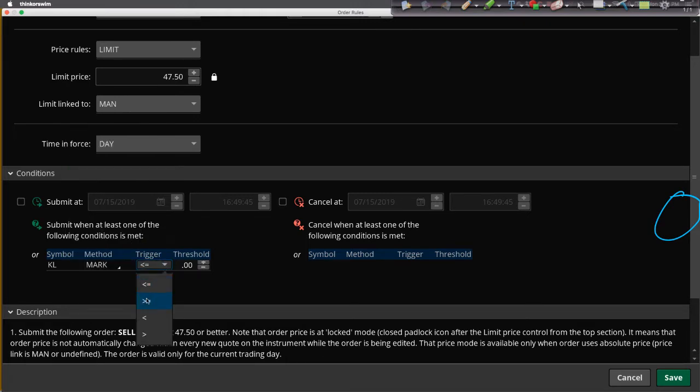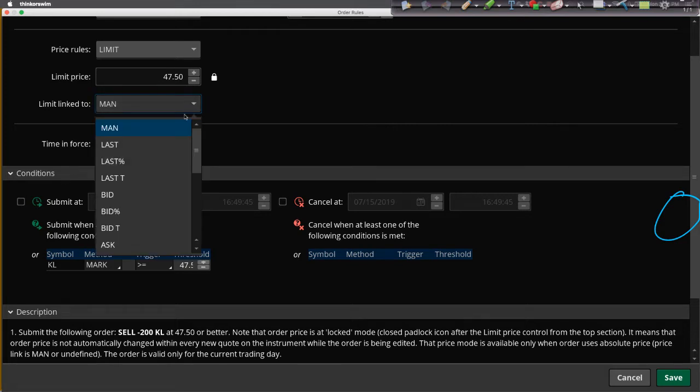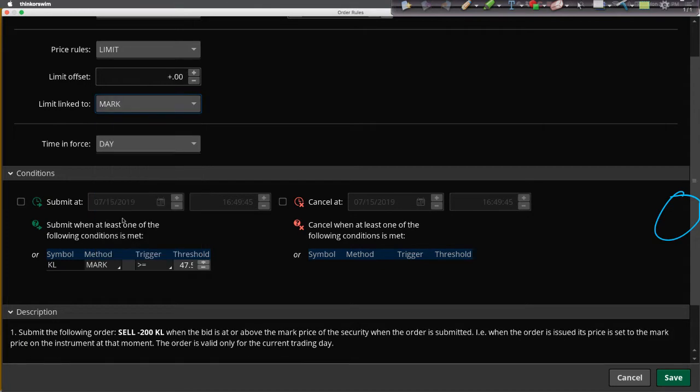Then I can set that to link to the last traded price, or you can go off the mark, which is the mid price, a very effective method. And I can say, don't sell it for more than 5 cents less than the mark at the time that trade goes off. So that's one way of doing it on a contingency order.